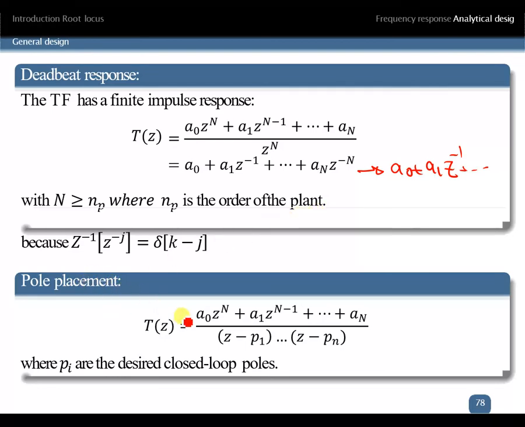Pole placement, the denominator is exactly the denominator here; the denominator has a combination of the poles. p_i is the desired closed loop poles. These are the two definitions, deadbeat and pole placement.